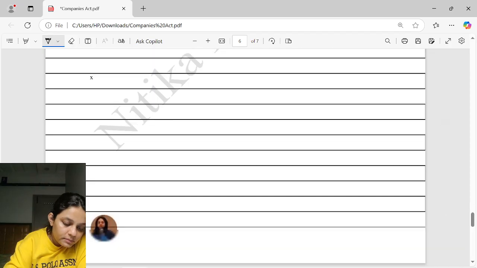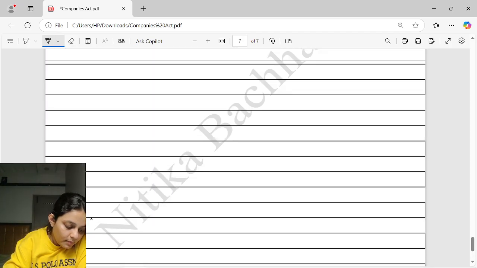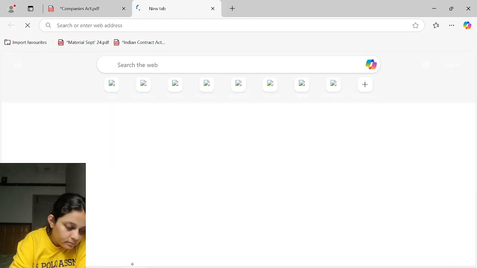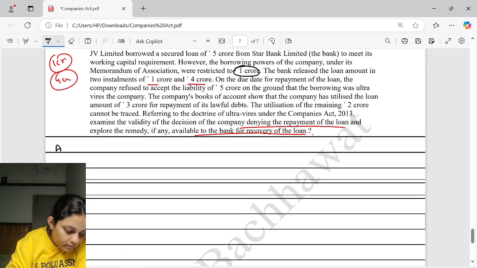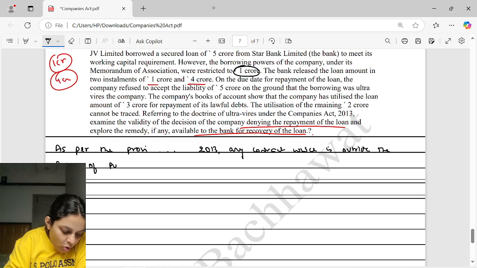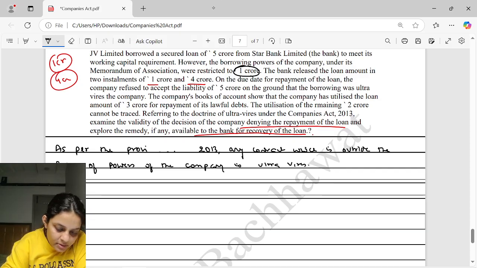As per the provisions of Companies Act 2013, any contract which is outside the scope of powers of the company is ultra vires.